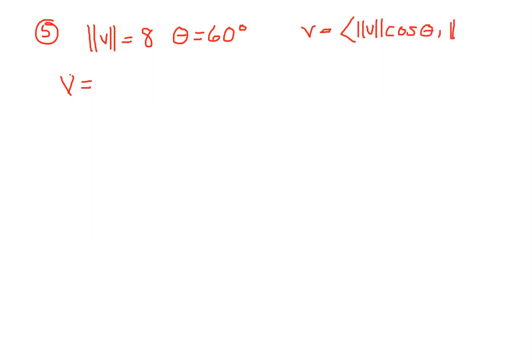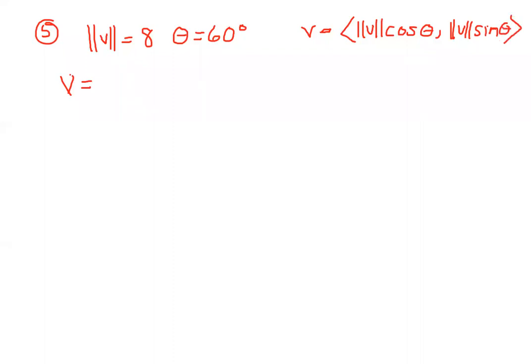We've got vector v. Its magnitude is 8, and its theta is 60 degrees. The directions say, find the component form of each vector with the given magnitude and direction angle. So using those formulas, v equals its magnitude cosine theta, magnitude sine theta.